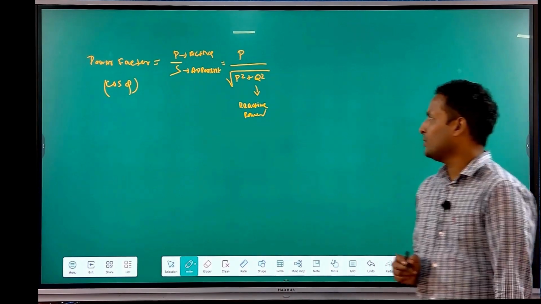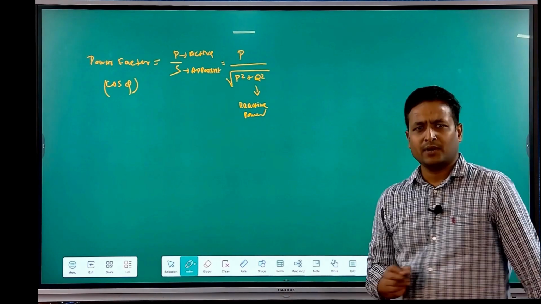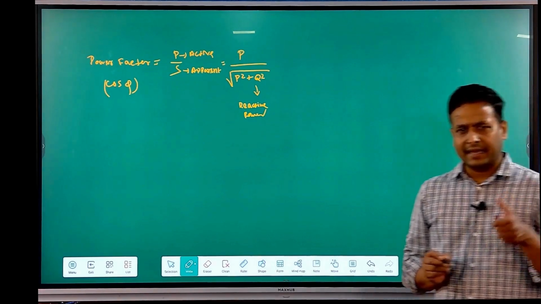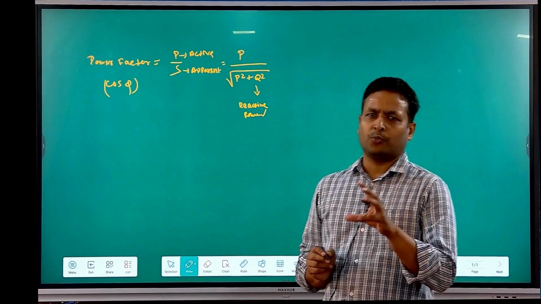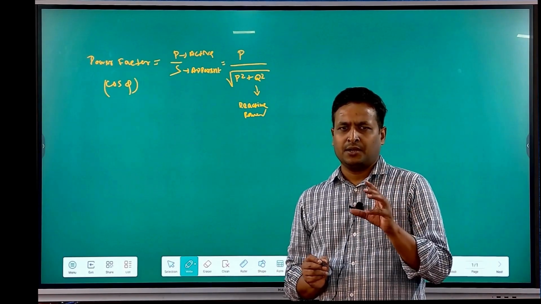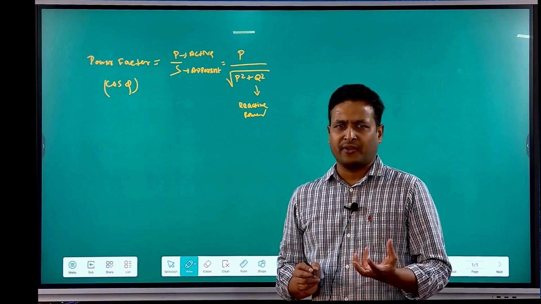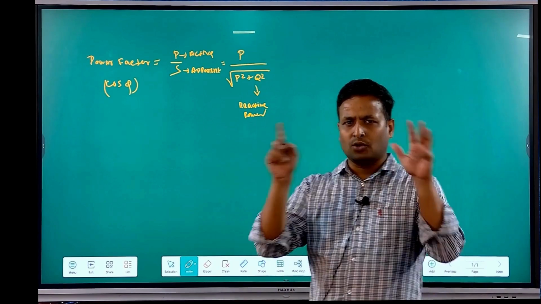First, we will understand what active power, reactive power and apparent power are. Active power is the actual amount of power being utilized to give the output. Suppose a fan is rotating. The amount of electrical energy it is consuming to rotate the fan is known as active power, and apparent power is the total power.